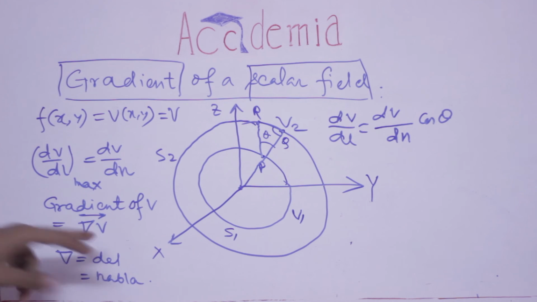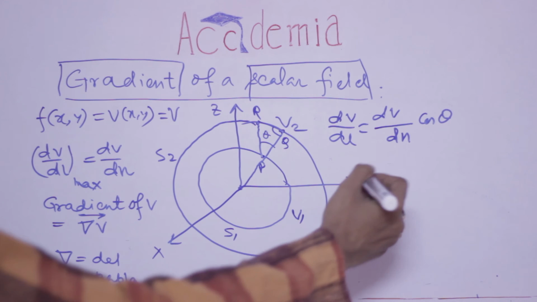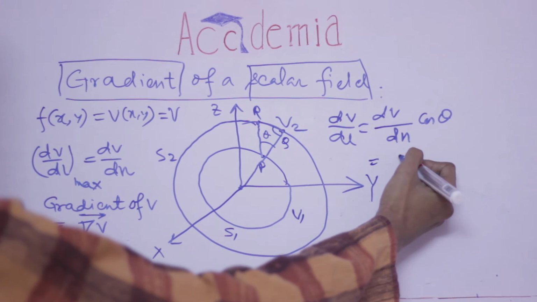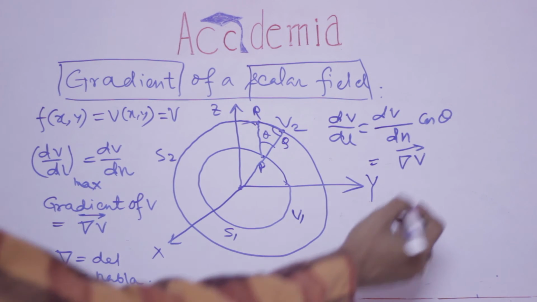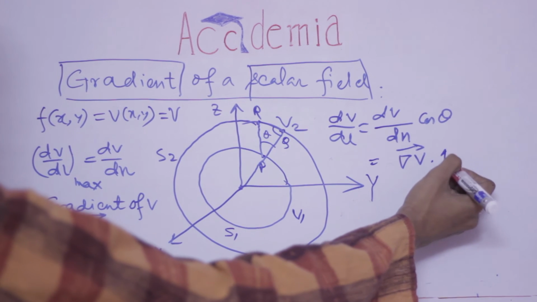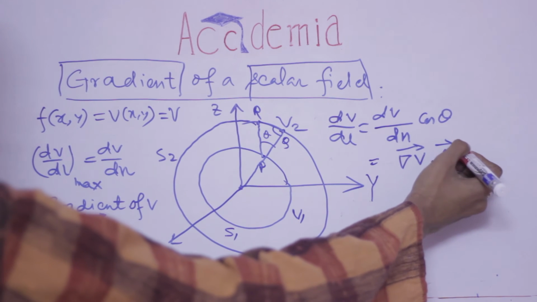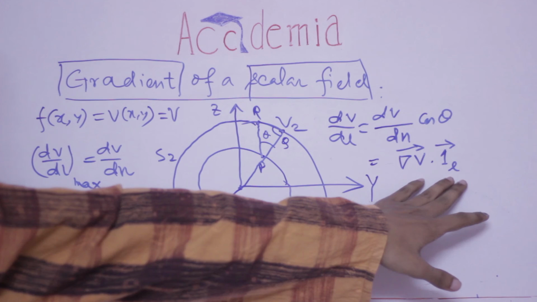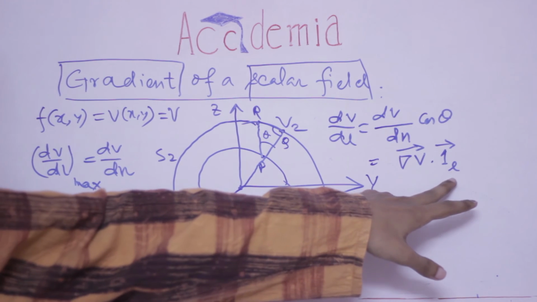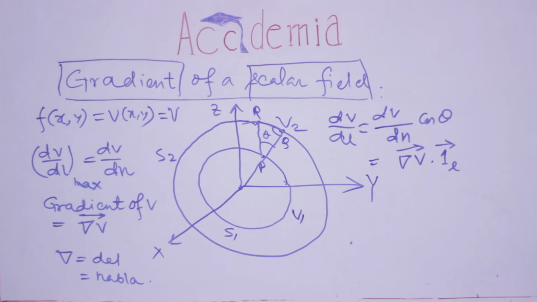Hence, instead of writing dv dn cos theta, we can write it as grad V dot 1L, where 1L is a unit vector along the direction of dl, that is P to R. So the magnitude of 1L is 1.